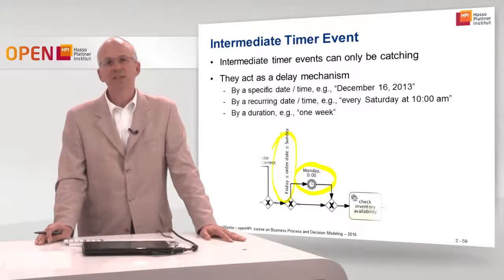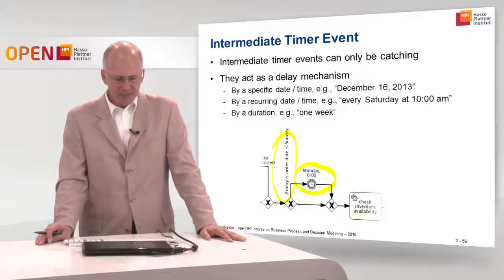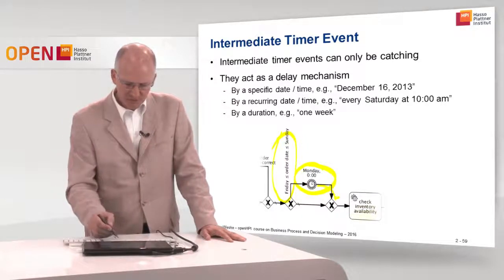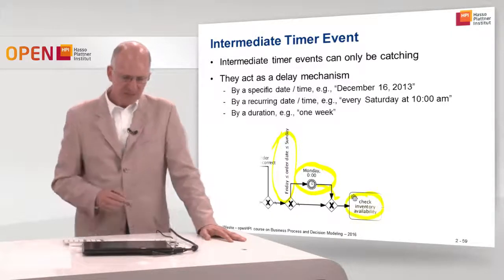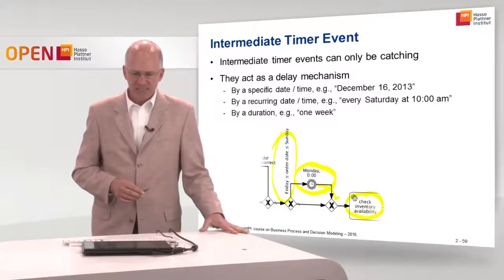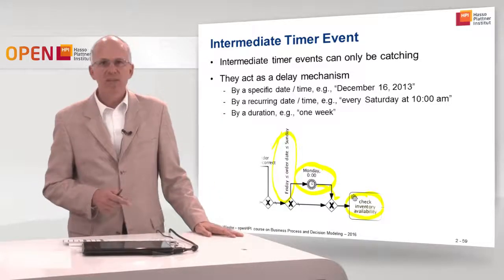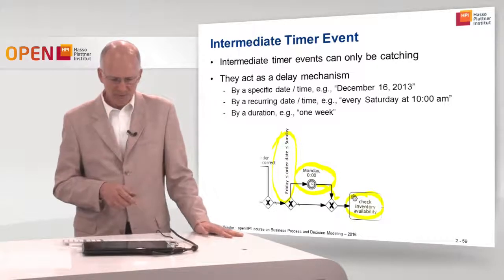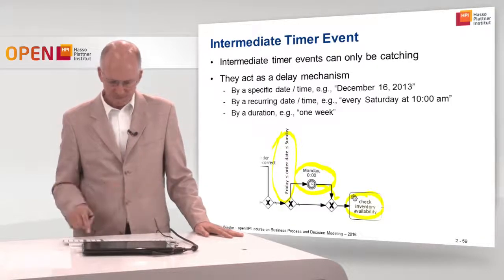And so the process waits Friday, Saturday, Sunday, and on Monday morning at midnight the event fires and the process continues. And then we can check inventory availability. So intermediate timer events act as a delay mechanism in processes, and this is a typical example of how this could be used.